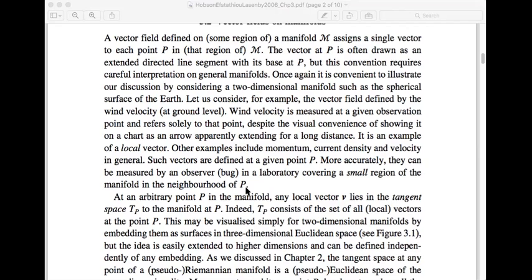That's the defining characteristic of vector spaces: all linear combinations of vectors in that space give you new vectors in the same space. But if you consider two different points on the manifold, you're going to have two different vector spaces.